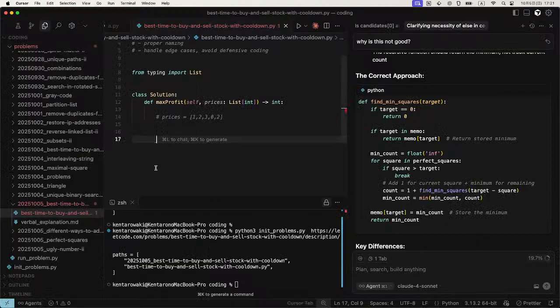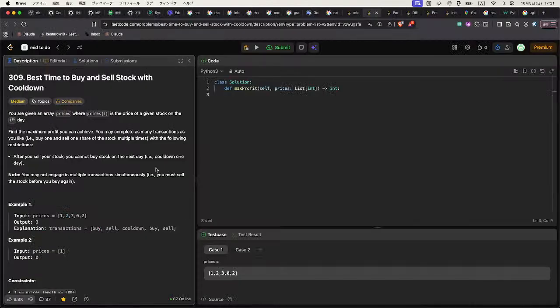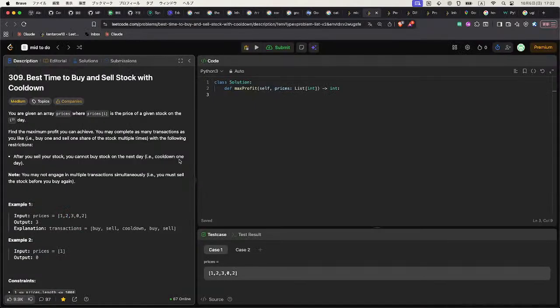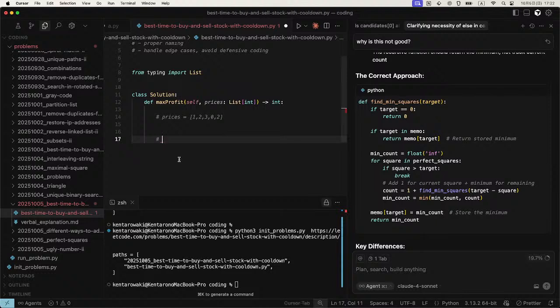But we need to define the proper subproblem, how the subproblem can be solved, and how the transition works.